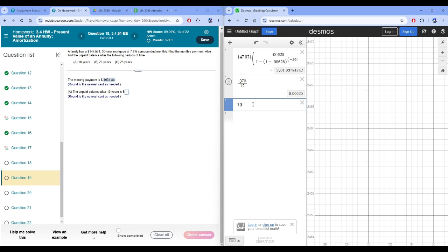So this is going to be 1031.84 times parentheses fraction 1 minus parentheses 1 plus my interest 0.00625 raised to the negative 360, all divided by 0.00625.